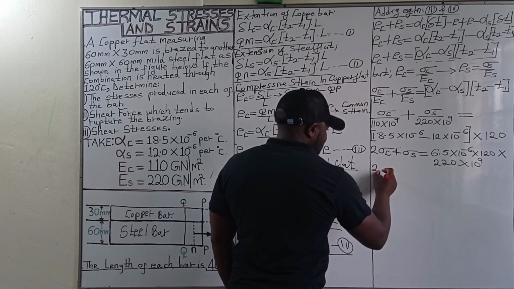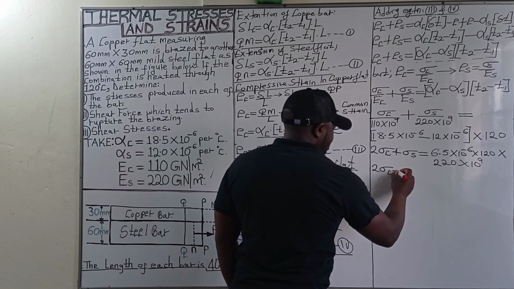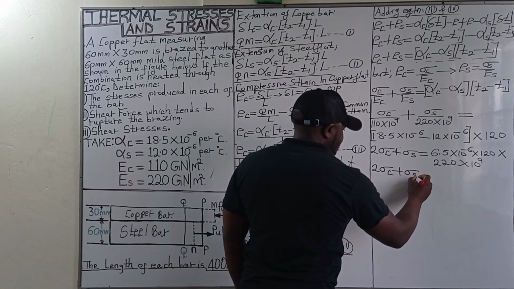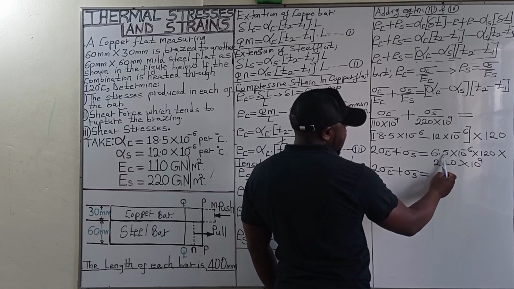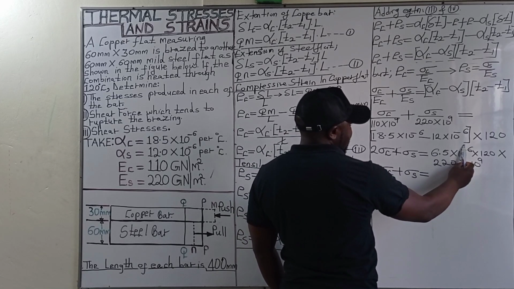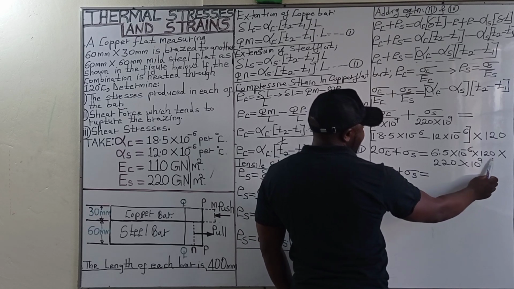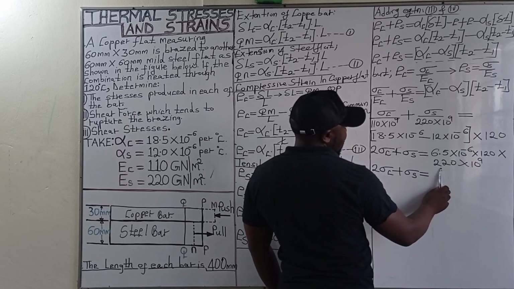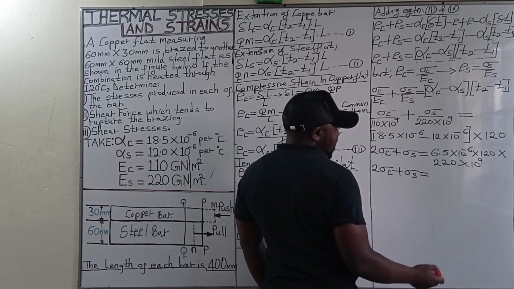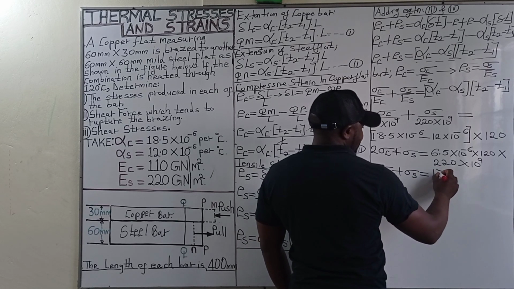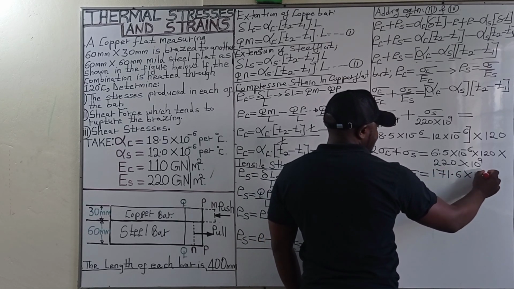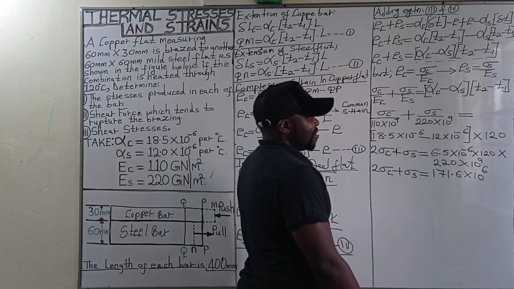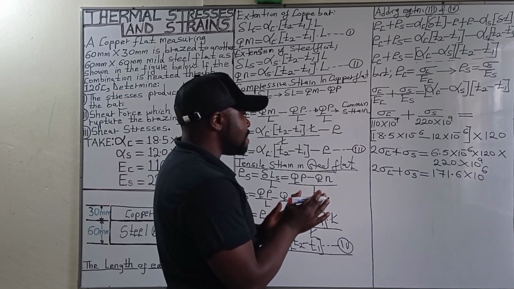So 2 stress in copper plus stress in steel is equals to, when you multiply 6.5 times 10 raised to the power of negative 6 times 120 times 220 times 10 raised to the power of 9, that gives us 171.6 times 10 raised to the power of 6.